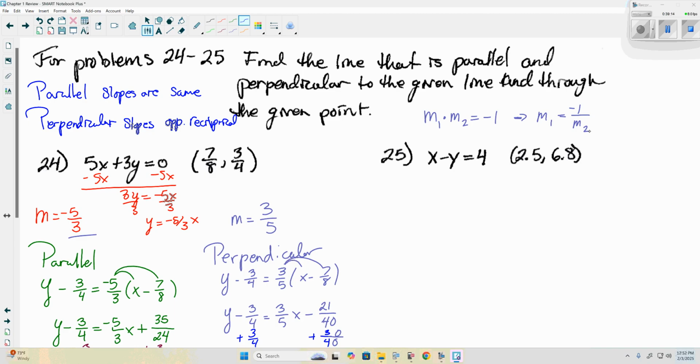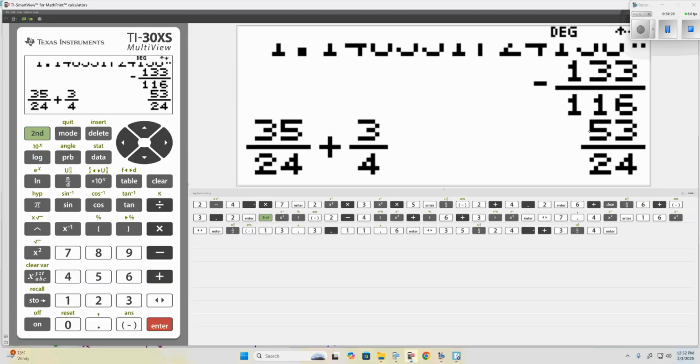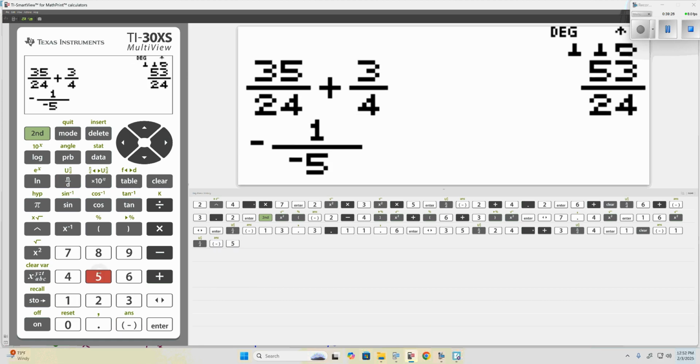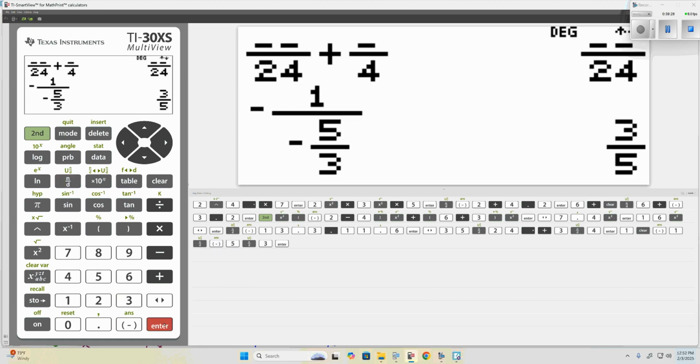Does that make sense? Because with -5/3, we're saying that its perpendicular slope is -1 over our -5/3. It's really just changed the sign and flipped. Yep. That's it.